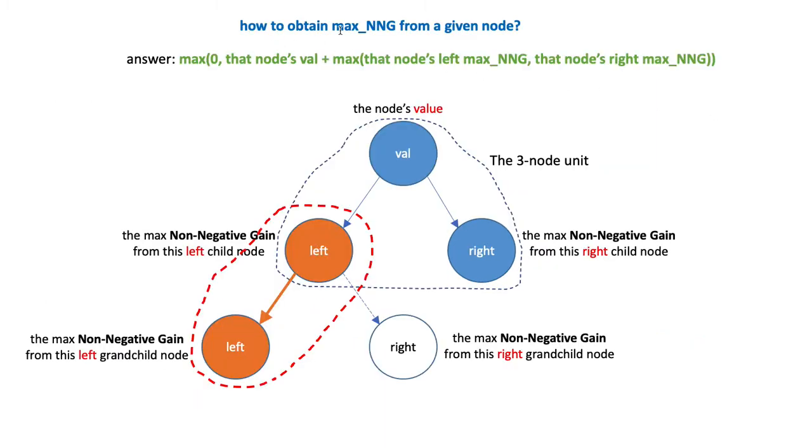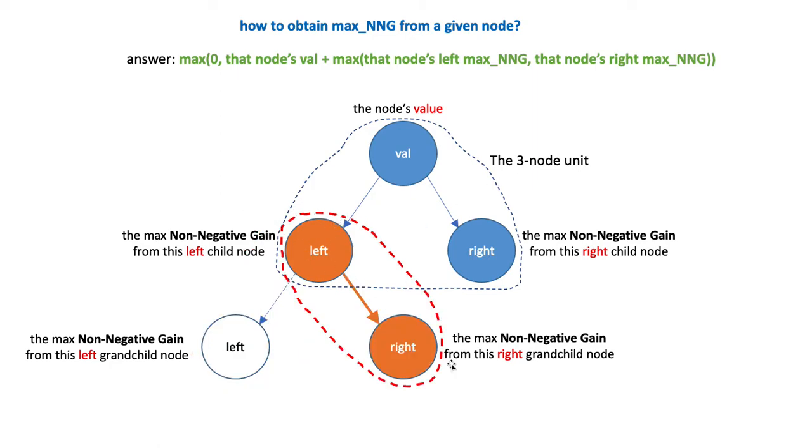To obtain the maximum non-negative gain from a given node, we'll use the example here, this left child node. There are only 2 paths that this left child node can traverse from itself. One is go to the left and the other is go to the right. Importantly, unlike the 3-node unit, here we can only go to the left or to the right.